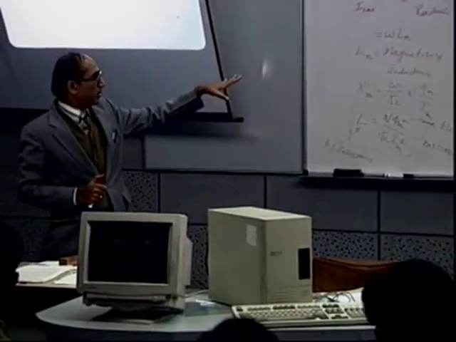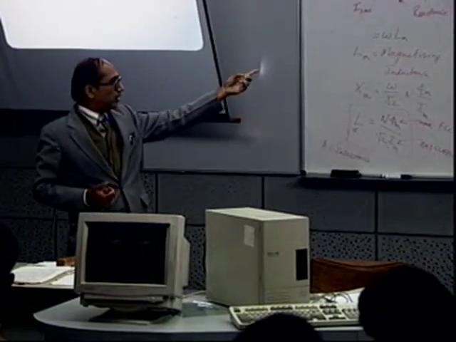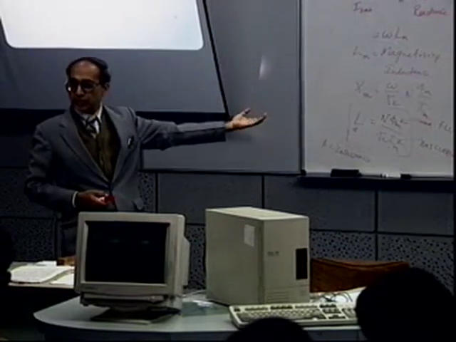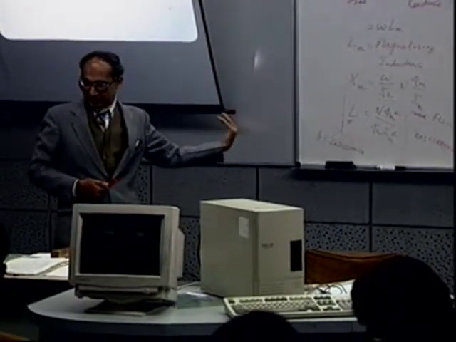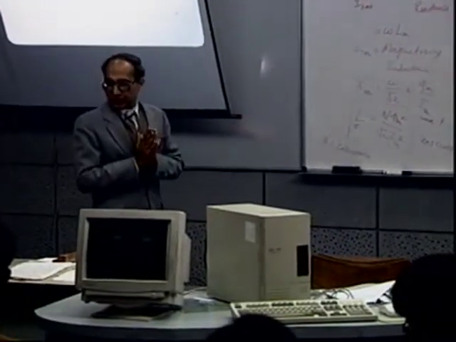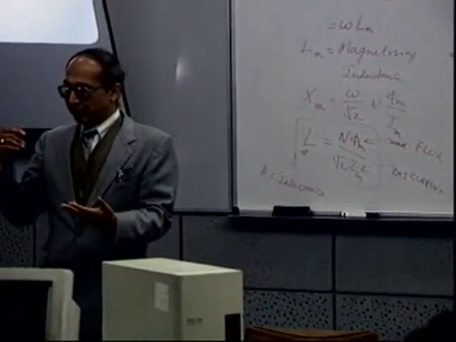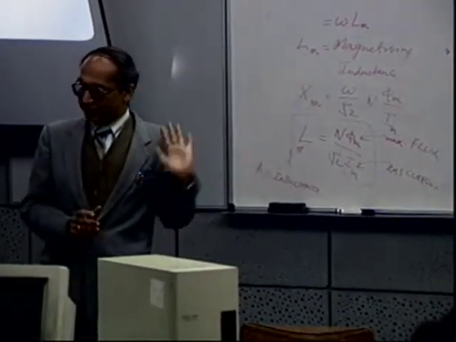In AC that inductor is producing the flux, the flux is producing a voltage, and voltage by current is a reactance. So this is one phenomenon that you see in AC: you find a back EMF. That is phenomenon number one.